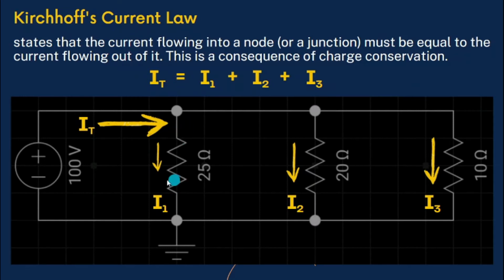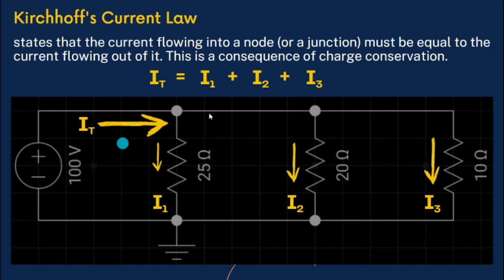So to calculate I1, based on our discussion on Ohm's law, current is equal to voltage divided by resistance. So 100 divided by 25, that would be 4 amperes. Ito naman, I2, 100 divided by 20, that would be 5 amperes.